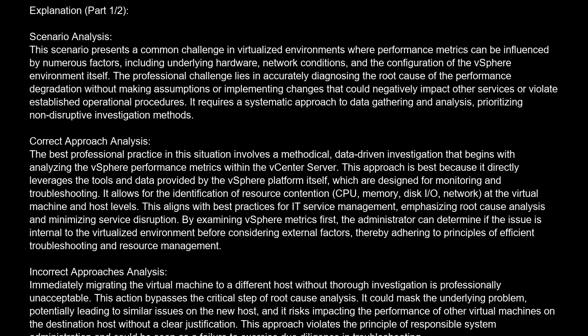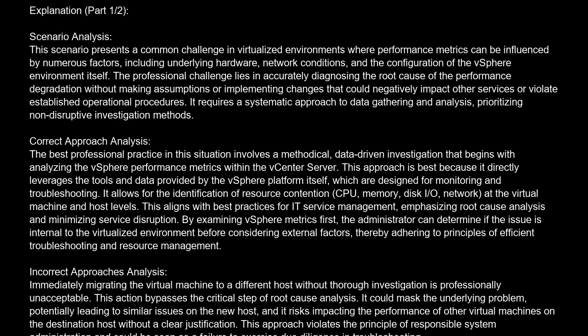It allows for the identification of resource contention (CPU, memory, disk I/O, network) at the virtual machine and host levels. This aligns with best practices for IT service management, emphasizing root cause analysis and minimizing service disruption. By examining vSphere metrics first, the administrator can determine if the issue is internal to the virtualized environment before considering external factors, thereby adhering to principles of efficient troubleshooting and resource management.